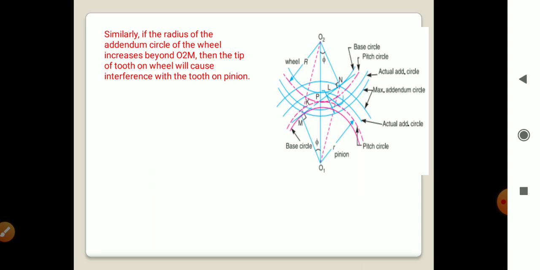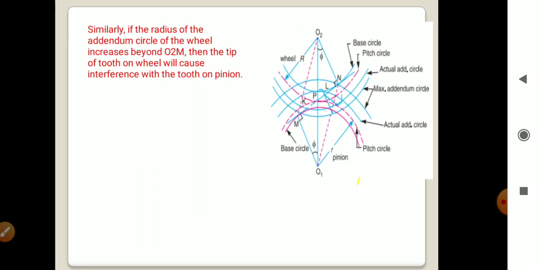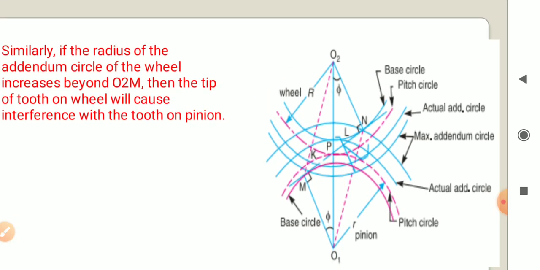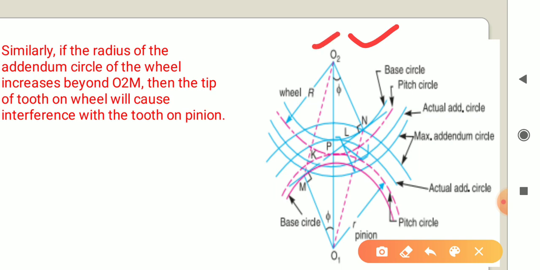Similarly, if the radius of the addendum circle of the wheel increases beyond O2M, then the tip of the tooth on the wheel causes interference with the tooth of the pinion. We saw it in the pinion, now we will see it in the wheel. Here O2 is the center of the wheel.